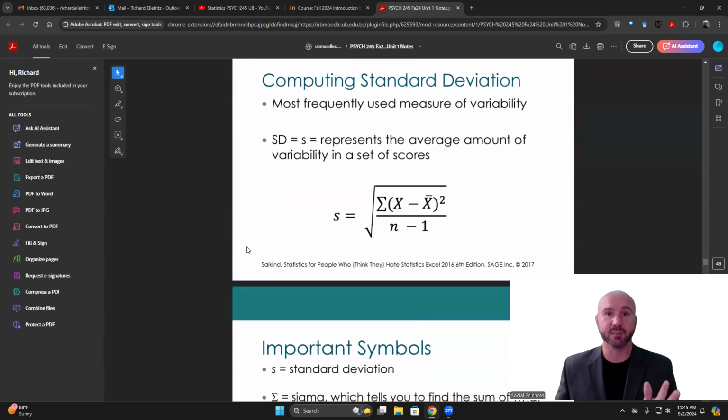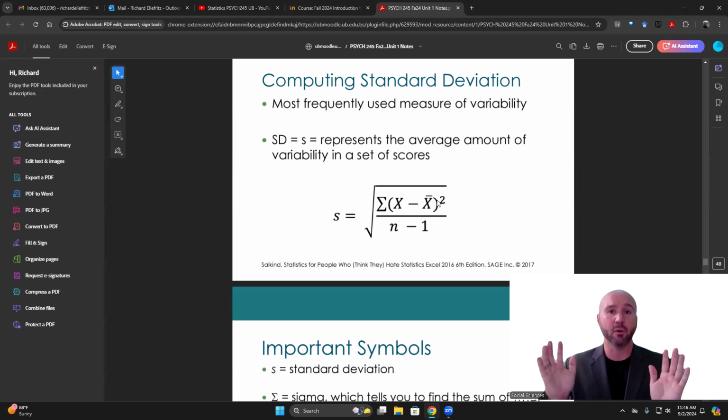Now, back to the standard deviation. You can see that inside of the maybe complex, scary-looking equation is X bar. So the mean is a part of the mathematical equation for calculating the standard deviation. Therefore, you must be able to calculate the mean to calculate the standard deviation.